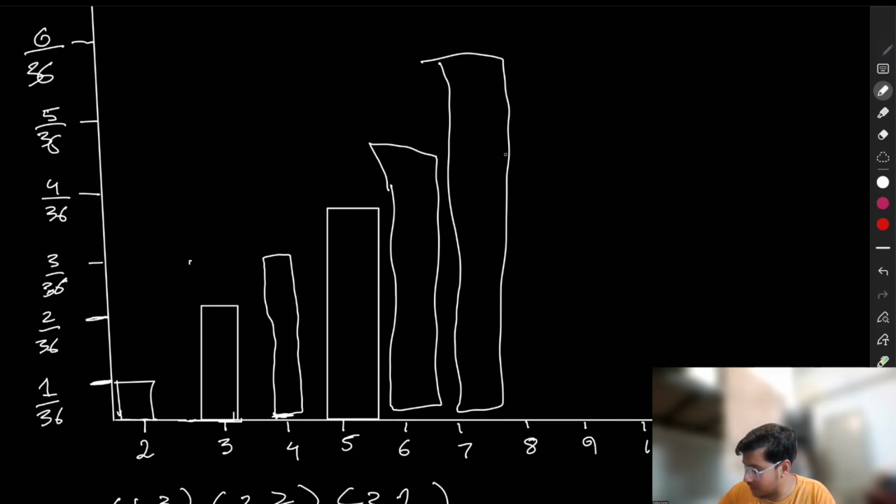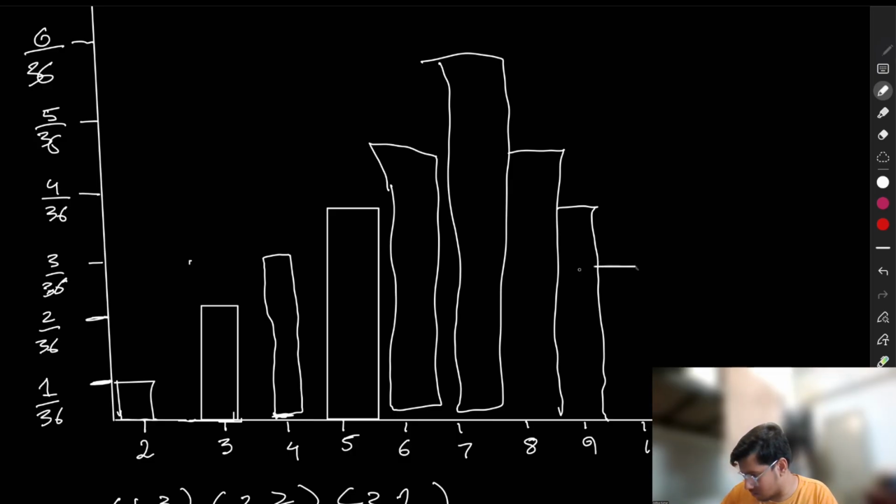For 8, it is 5 by 36. For 9, it is 4 by 36. For 10, it is 3 by 36. For 11, it is 2 by 36. And for 12, it is 1 by 36. I think you must know how to calculate the probability of the sum of two dice.